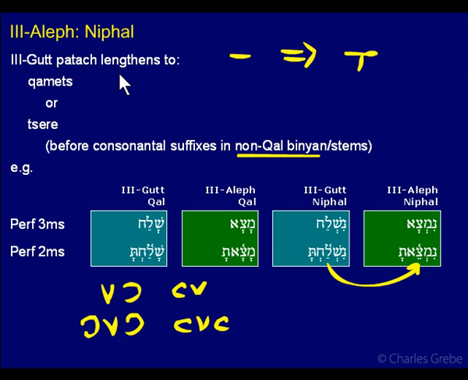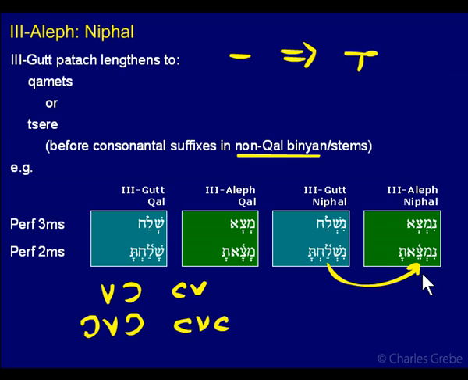I mean, first of all, we're dealing with gutturals, which are not that hard to recognize. Secondly, we're dealing with third aleph, which Ross doesn't even put in his tables at the end. Third aleph is a special case of third guttural, which normally you get patach going to qamets, and then now this is a special case of that in non-qal binyan with consonantal suffixes.